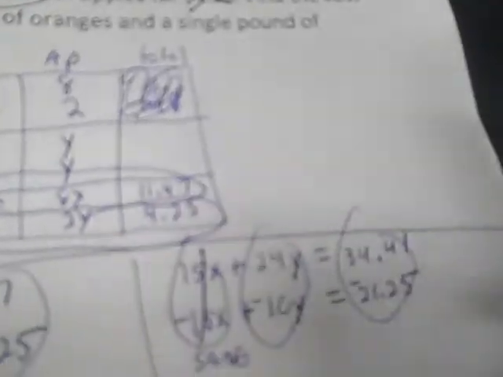Now 24 is positive, so 24 plus, and then the 10's negative, so you got to get negative 10. You can't put 10, so 14y. 34.41 is positive, plus 21.25 is negative. 13.16.